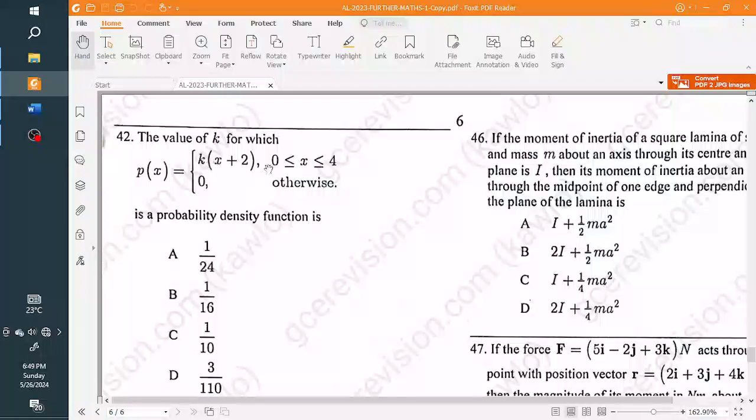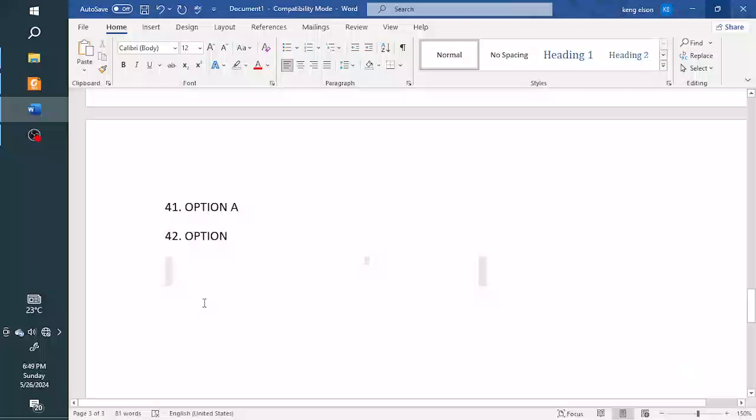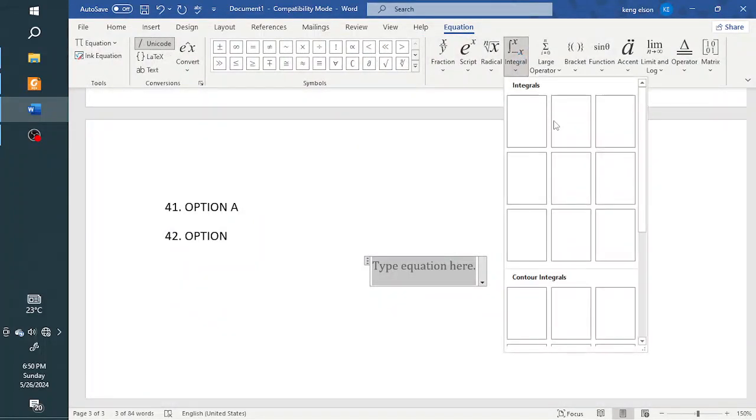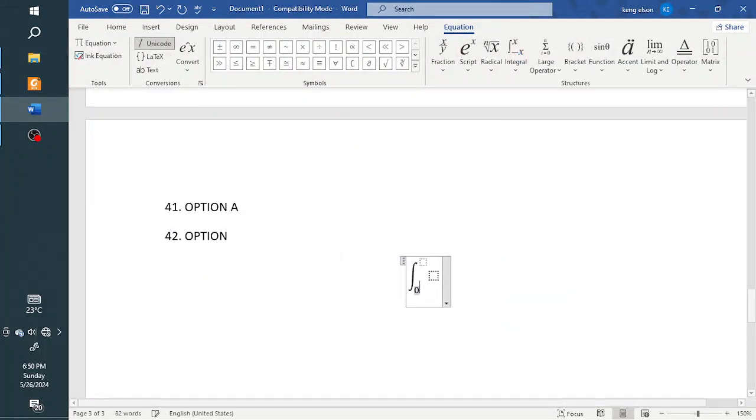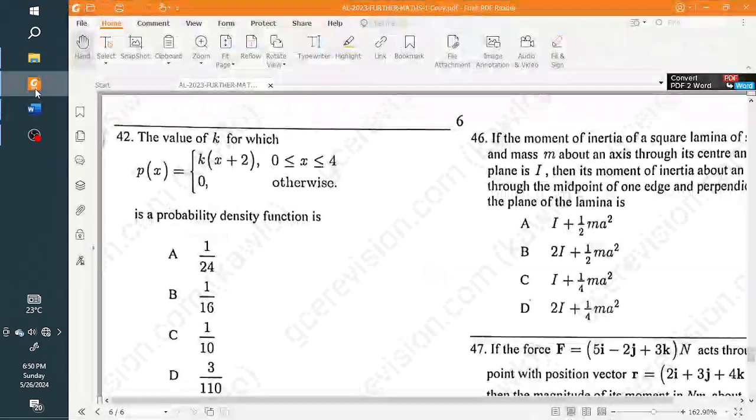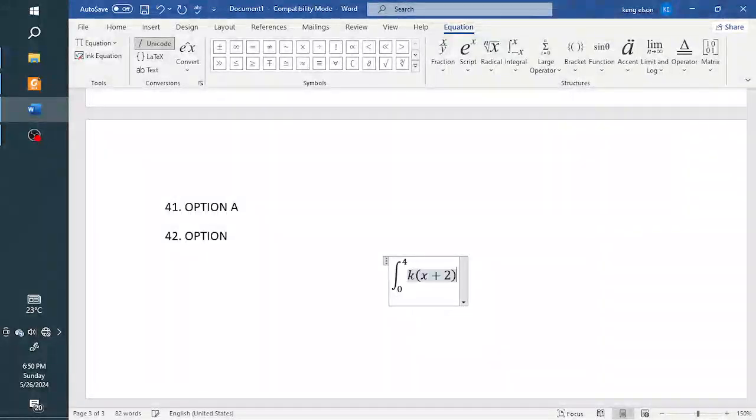All we need to do is integrate from 0 to 4 of this function and equate to 1. So the integral from 0 to 4 of k times (x plus 2) dx equals 1.